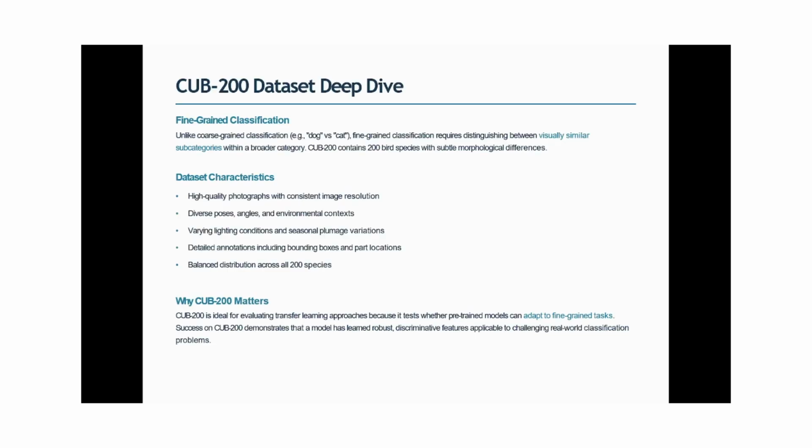The dataset characteristics are high-quality photographs with consistent image resolution, diverse poses, angles, and environmental context, varying lighting conditions, and seasonal plumage variation, detailed annotation including bounding boxes and part locations, and balanced distribution across all 200 species.